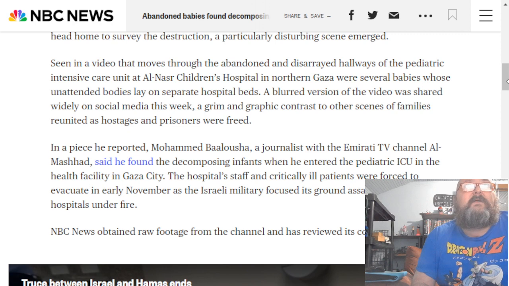A blurred version of the video has been shared widely on social media this week, a grim and graphic contrast to other scenes of families reunited as hostages and prisoners were freed.